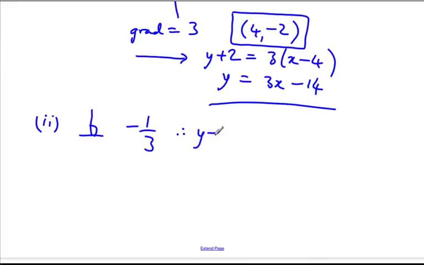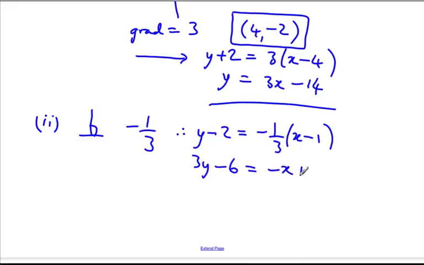y minus 2 equals negative a third (x minus 1). We substitute it straight into the same old formula for equations. This time, I'd multiply everything by 3, or negative 3, please yourself.